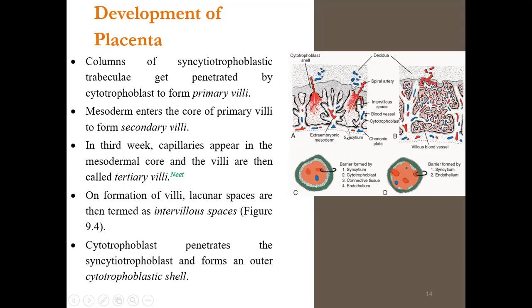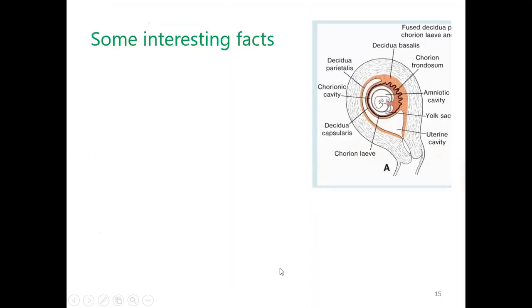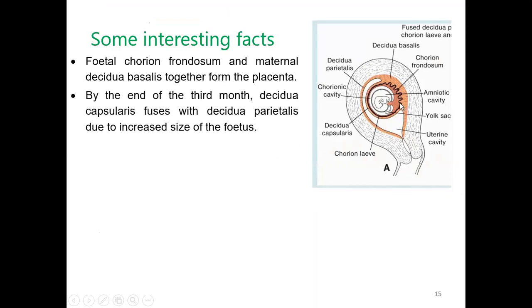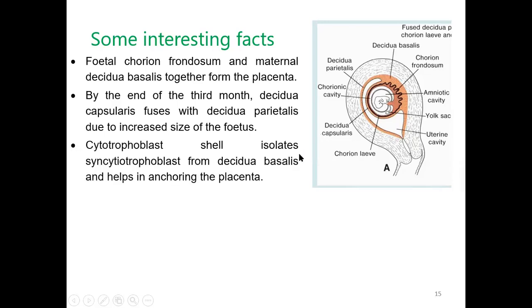Now the cytotrophoblast will penetrate the syncytial trophoblast and form the outer cytotrophoblastic shell. Now, there are some interesting facts. The fetal chorion frondosum and the maternal decidua basalis together form the placenta, and by the end of the third month the decidua capsularis will fuse with the decidua parietalis due to the increased size of the fetus.